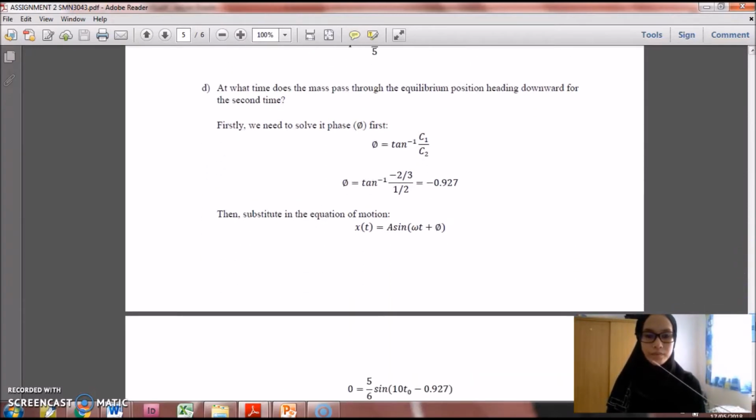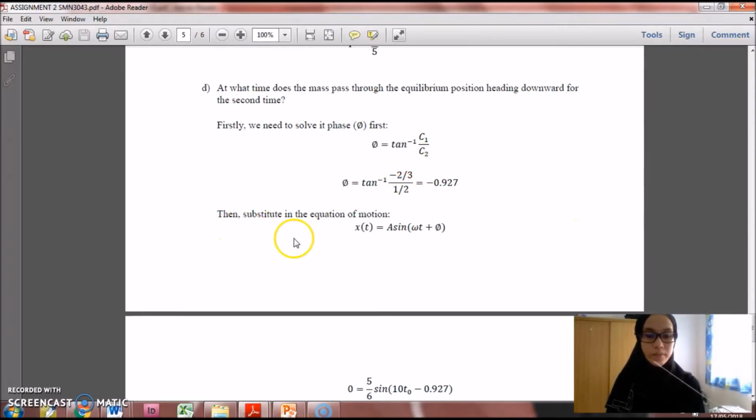Next, at what time does the mass pass through the equilibrium position heading downward for the second time? Firstly, we need to solve for theta. Theta is equal to the inverse tangent of C1 over C2. Then we substitute the C1 and C2 in the formula.